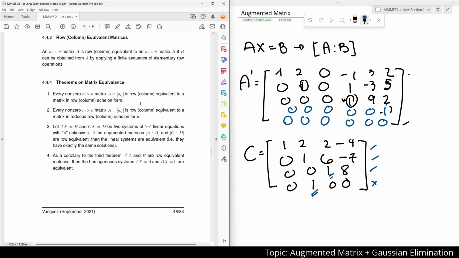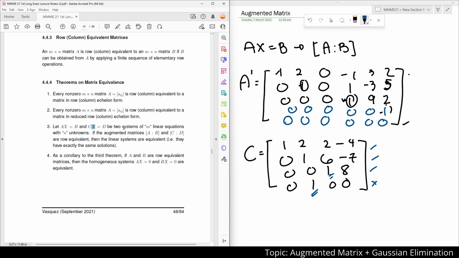Or, pwede raw tayo makahanap ng matrix na reduced row echelon form for matrix A. Then, if we have AX equals B and CX equals D, the two linear systems of equations with n unknowns, if the augmented matrices AB and CD are row equivalent, then the linear systems are equivalent. Okay? So if AB and CD are row equivalent daw, okay? Ibig sabihin yung X nila, pareho dapat.